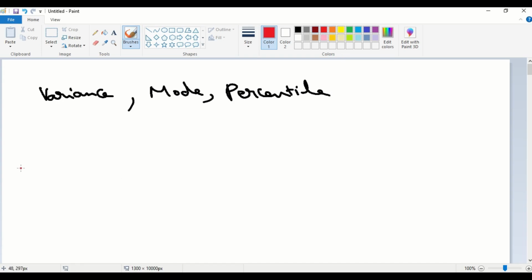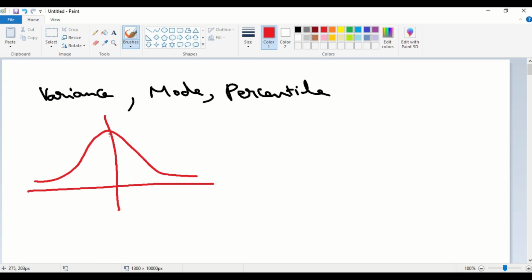First, let us see what is percentile. Let us take a distributed data like this. So here this is the center. Percentile we tell like 10 percentile, 20 percentile, 50 percentile, 60 percentile like that.